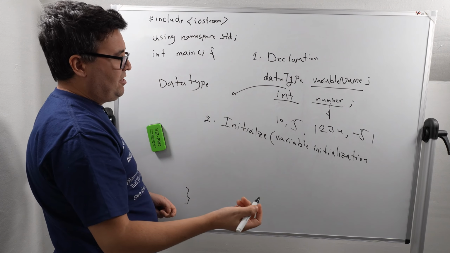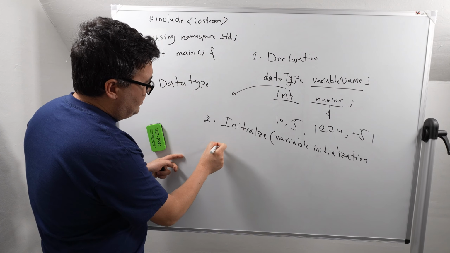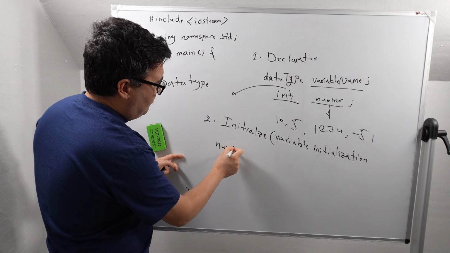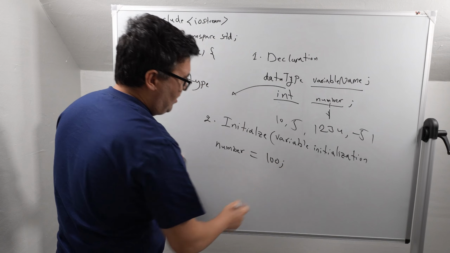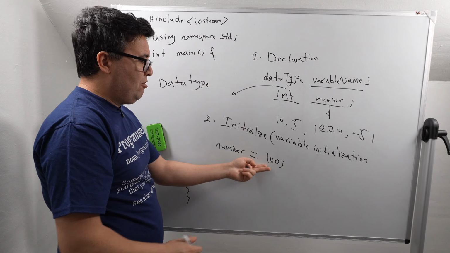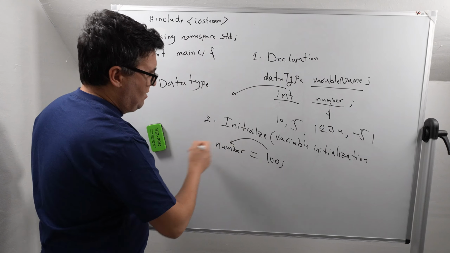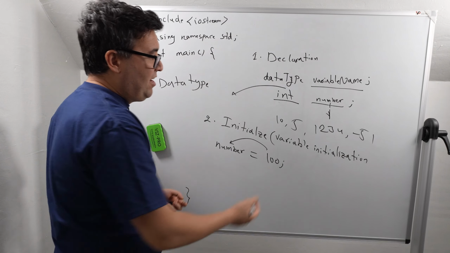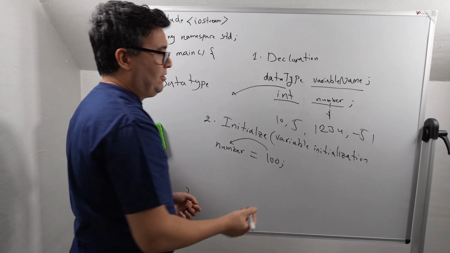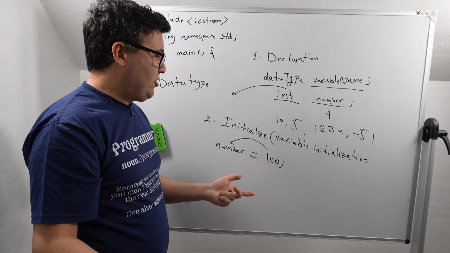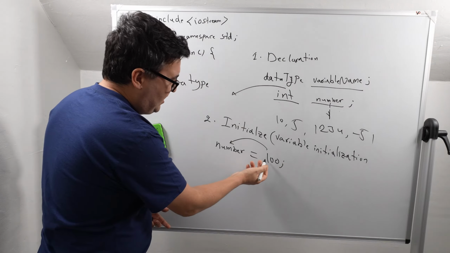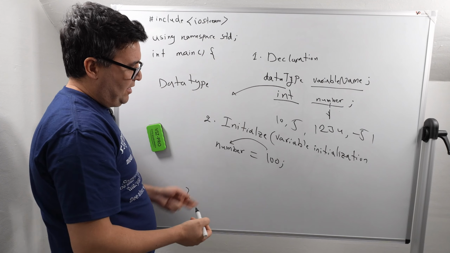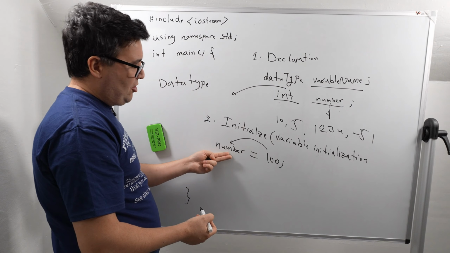So how can we initialize this variable? We say this variable, called number, is equal to 100. The 100 is our value which is stored inside our variable. We declared this variable to store information or data, and our data is 100. So this 100 is now stored inside number, and this is called variable initialization.